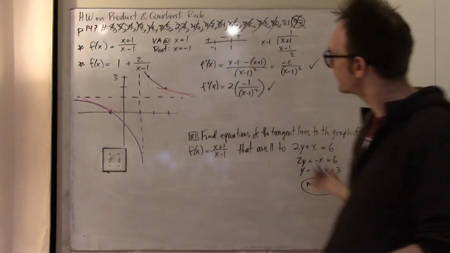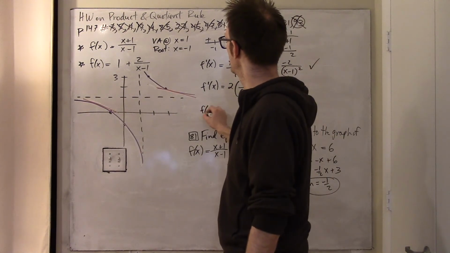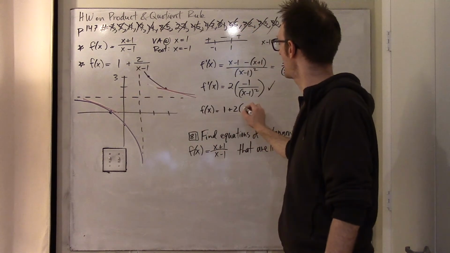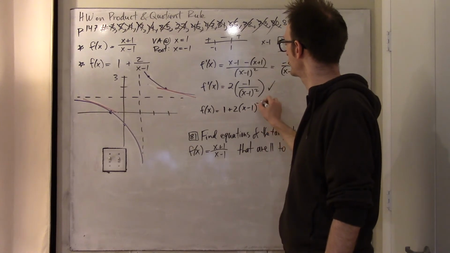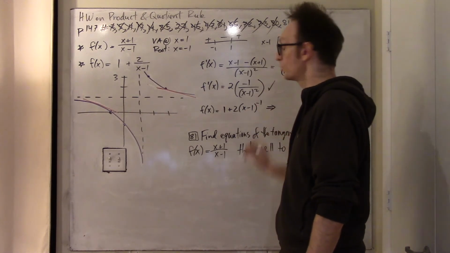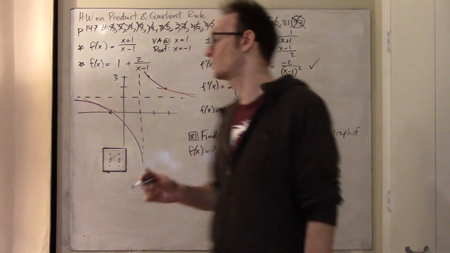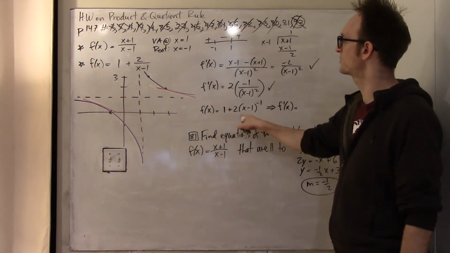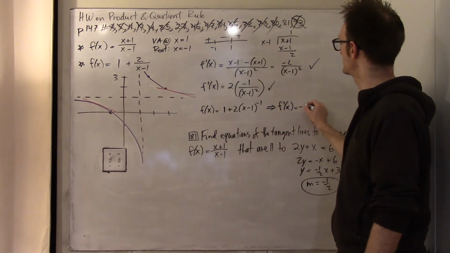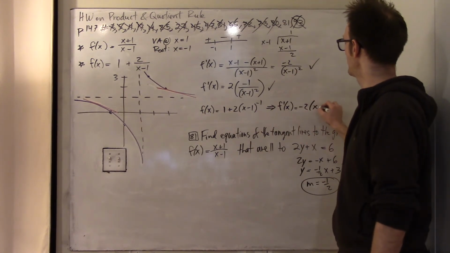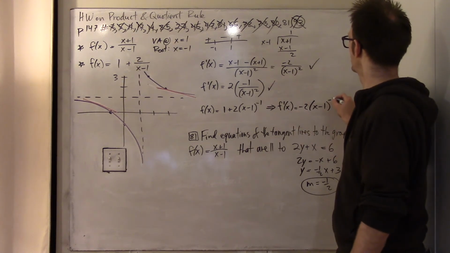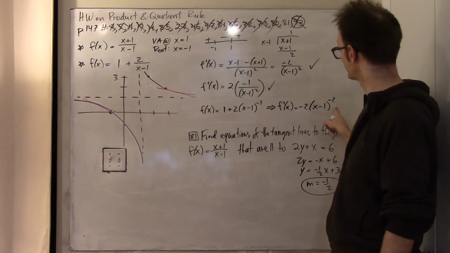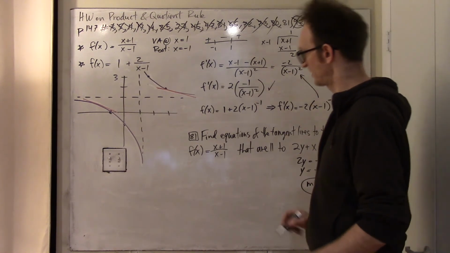The other thing you could do is think of this function as 1 plus 2 times (x minus 1) to the negative 1, and then use the chain rule. What you didn't know then, but you do know now, is that the derivative of 1 is 0, and this is negative 2 times (x minus 1) to the negative 2, times the derivative of x minus 1 inside, but that's just 1. And so you get the same thing.